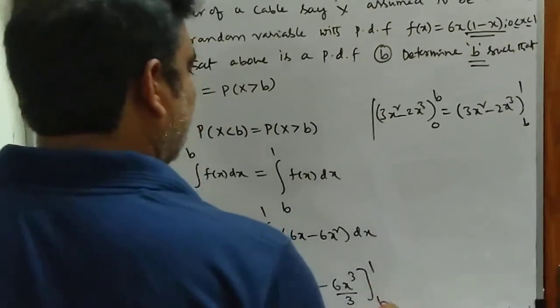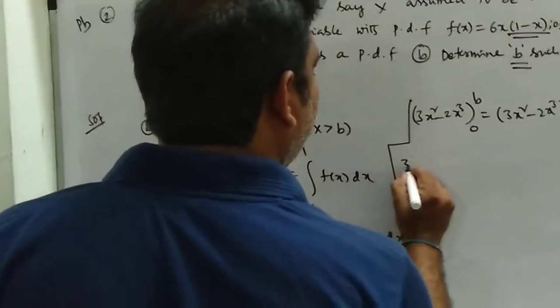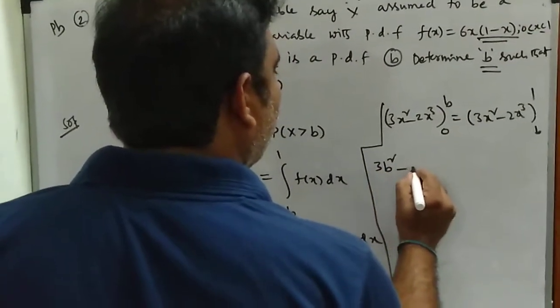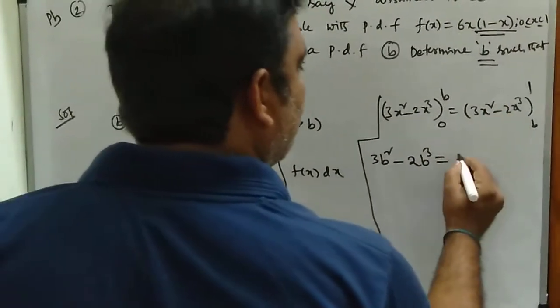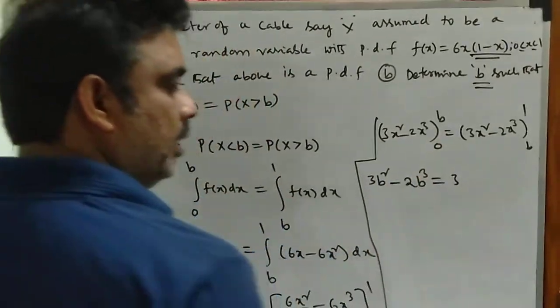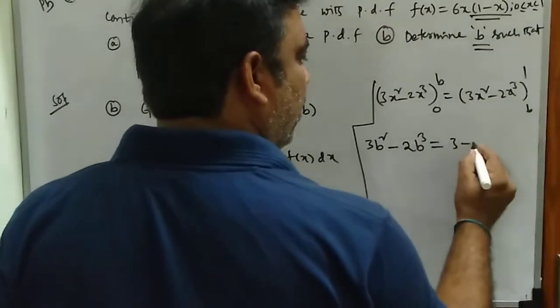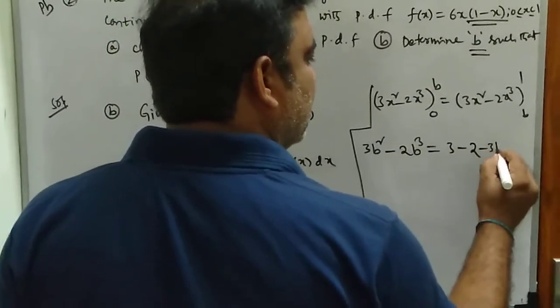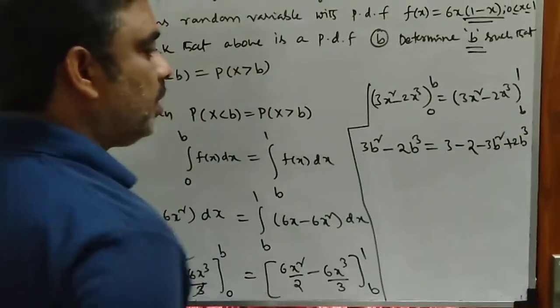So on substituting the limits, 3b square minus 2b cube is equal to, here the lower limit 0, so no need to mention it, and at the upper limit 1, 3 minus 2, minus 3b square plus 2b cube.